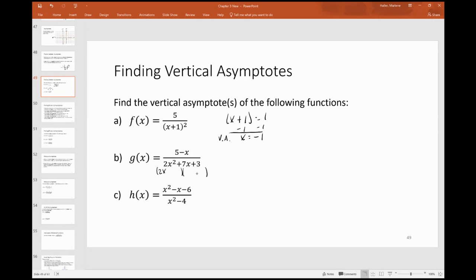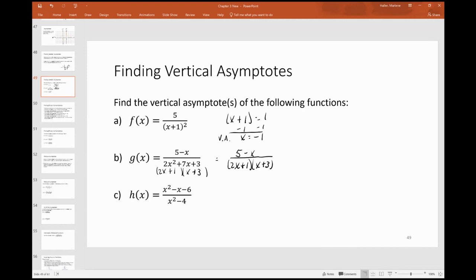Yeah, that's going to factor into 2x plus 1 times x plus 3. Okay, so let's rewrite that in its factored form. That numerator already is factored, right? That's 5 minus x. The denominator is 2x plus 1 times x plus 3.